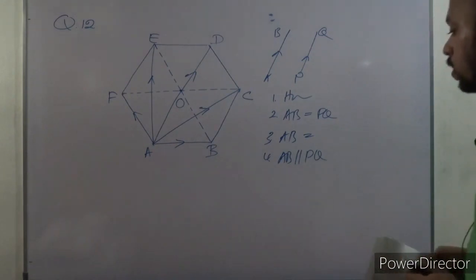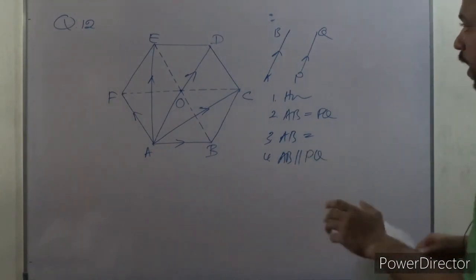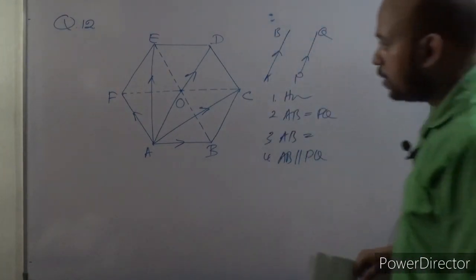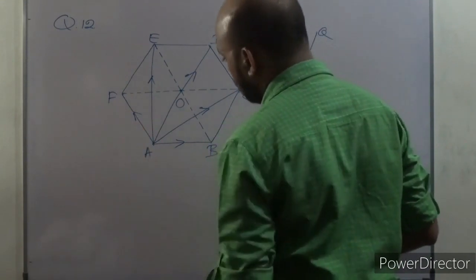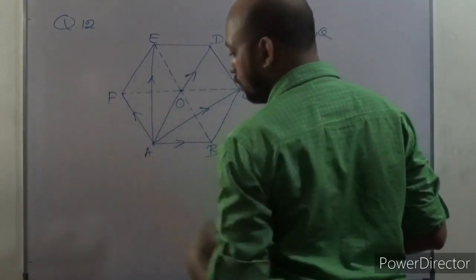If those four conditions are fulfilled, you can say the AB vector is equal to the PQ vector. So here, based on the theory, we can consider CD is equal to AF.